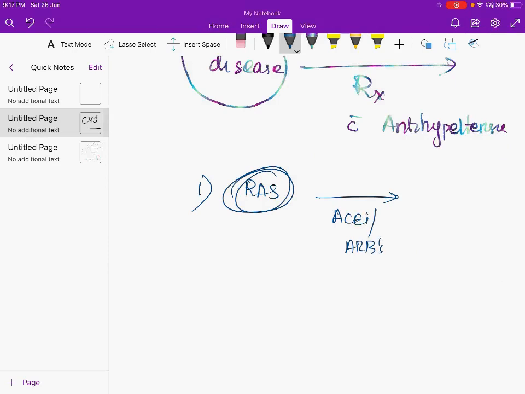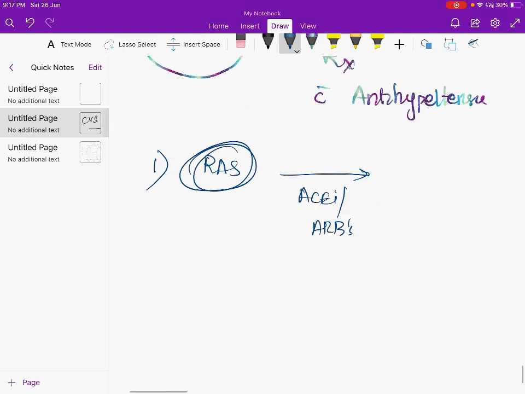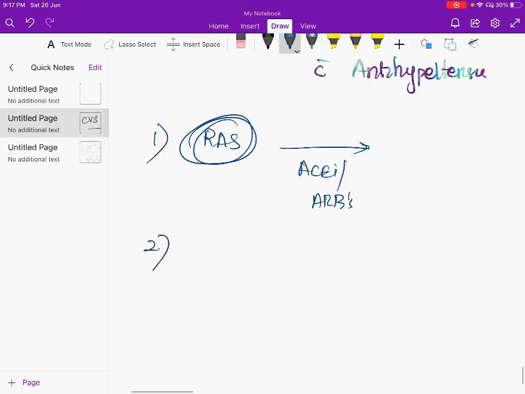Actually, the patient is already RAS suppressed. So in the patient, ACE inhibitor or ARB will produce even more renin, and that will cause your BP to shoot up. So a patient with renal artery stenosis receiving ACE inhibitors or ARB will result in paradoxical hypertension.